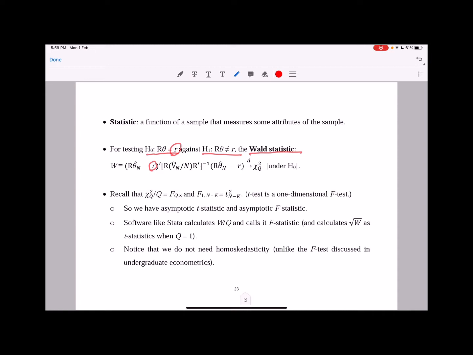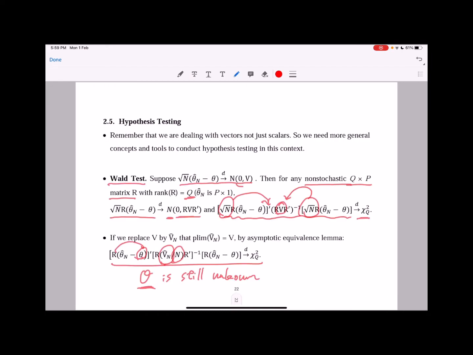Under the null hypothesis, if it is true, we actually know the distribution of the whole thing. Because theta is unknown, we cannot calculate this whole thing yet.